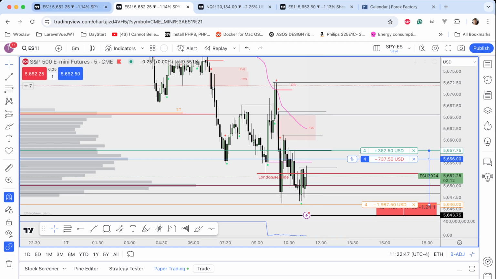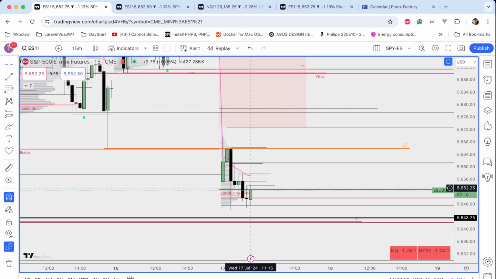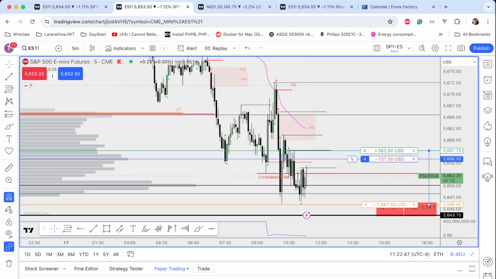So they sold into this 15-minute candle, not a lot of liquidity on this candle up here. So expect an extra push there. Good.